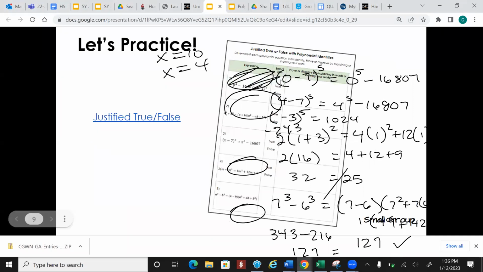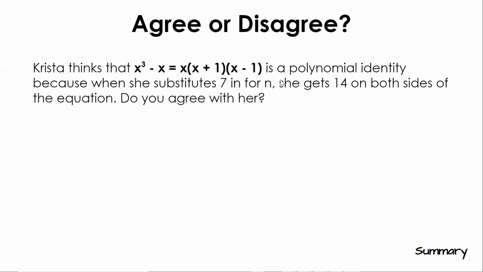Last one. Oh, on this one, to agree or disagree? Agree? Okay, so if I take 7 and plug it in for X, she's gonna get 14 on both sides of the equation. So let's check.